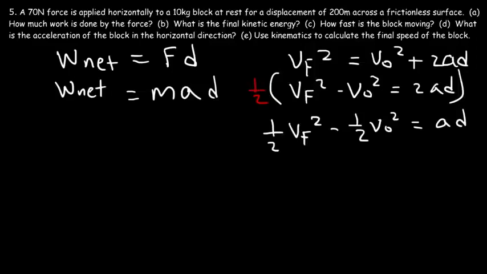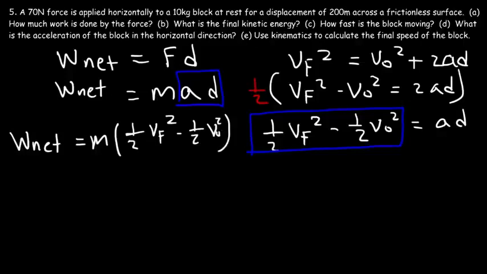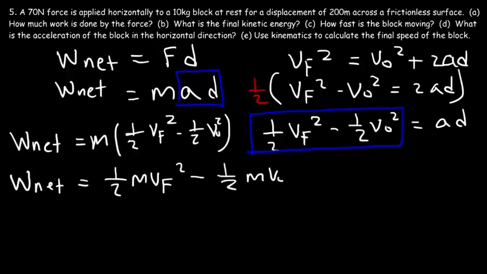So what I'm going to do now is replace AD with this expression, because they equal each other. So the net work done on an object is going to be the mass times 1/2 V final squared minus 1/2 V initial squared. So if we distribute the mass, it's going to be 1/2 mv final squared minus 1/2 mv initial squared.